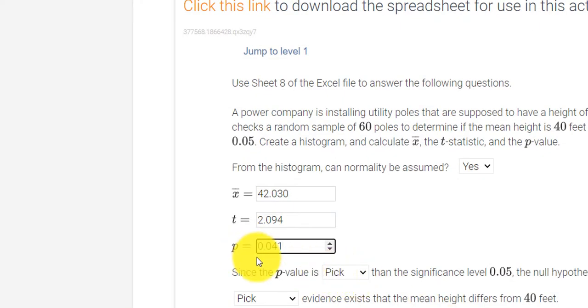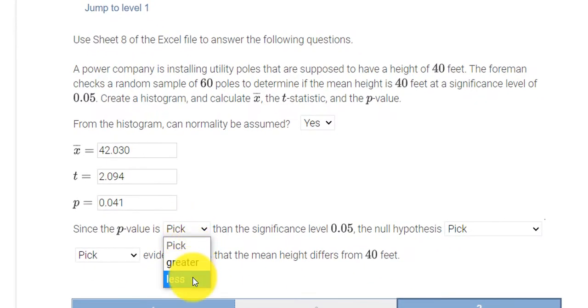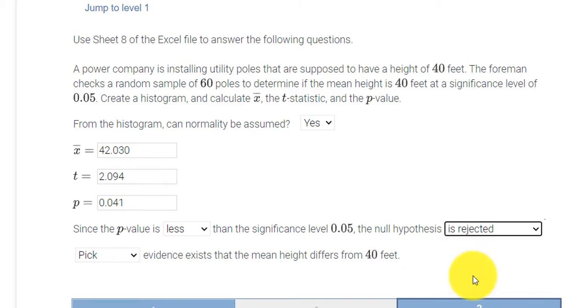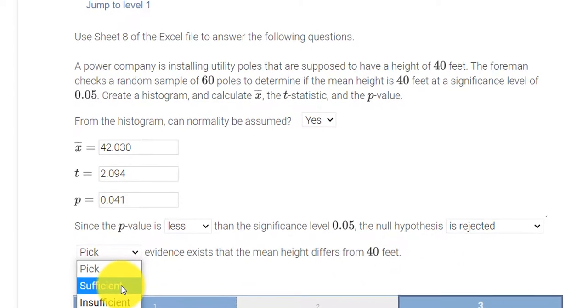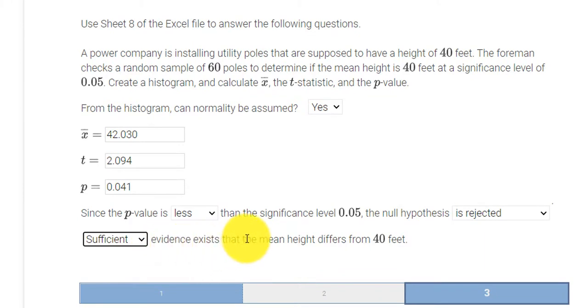And since my p-value is less than alpha, less than this 0.05, we have to reject the null hypothesis, and we have sufficient evidence to say that the mean height differs from 40 feet, right?